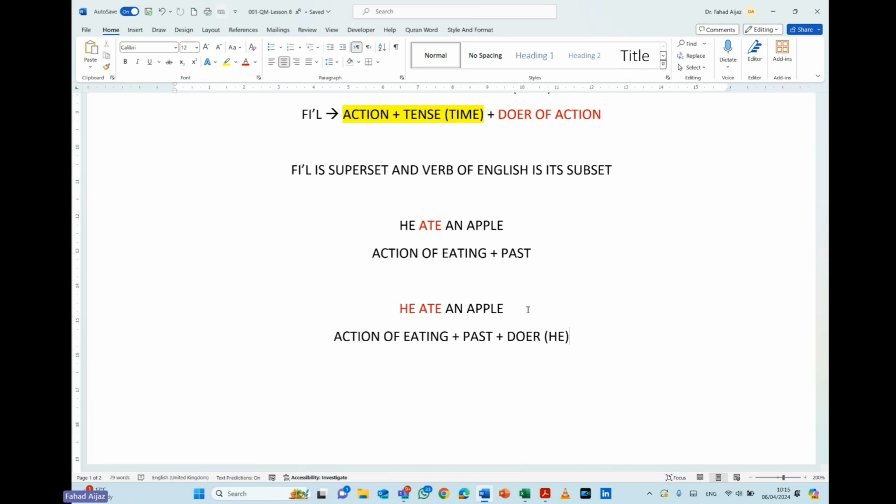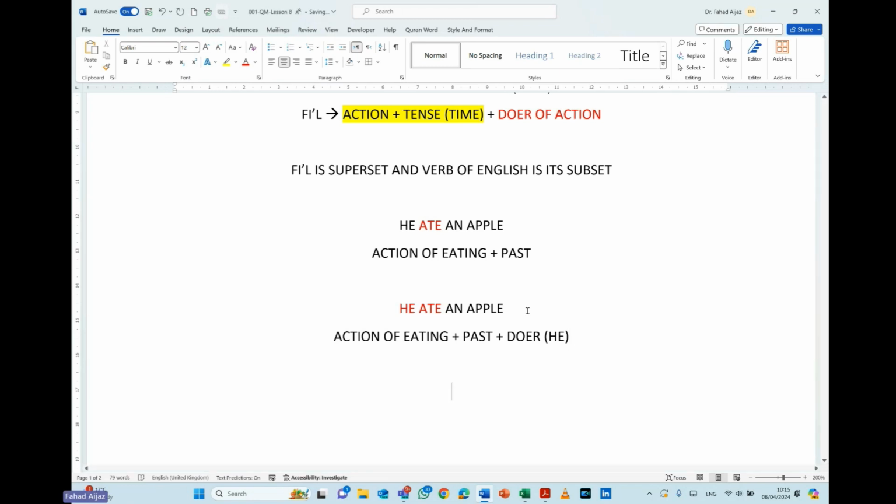And you have to build the skill to detect which pronoun is inside this fail, because if you can't, then you're missing out on the doer part. Okay? So the pronouns and the fail are gelled together in Arabic. They're not different. They're actually part of one big bucket, which is fail. So that's how they differ from English.